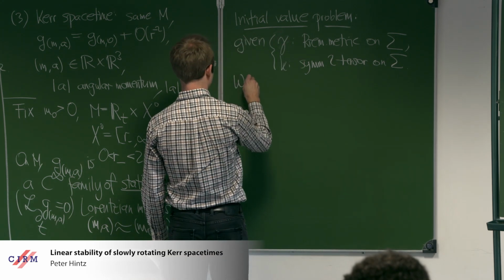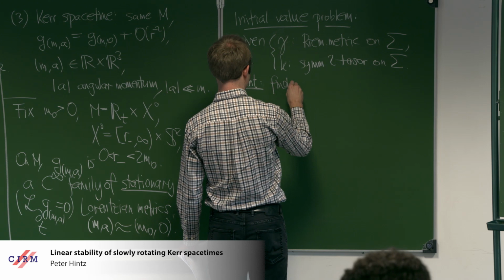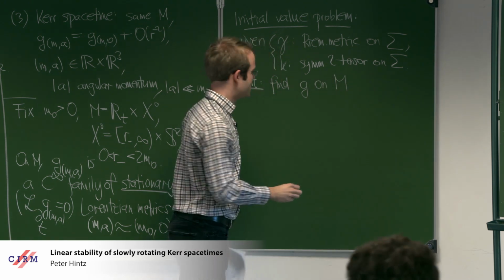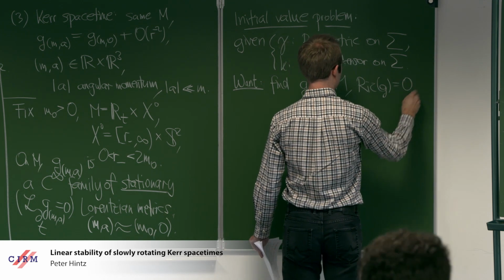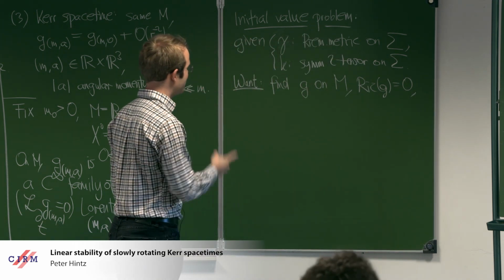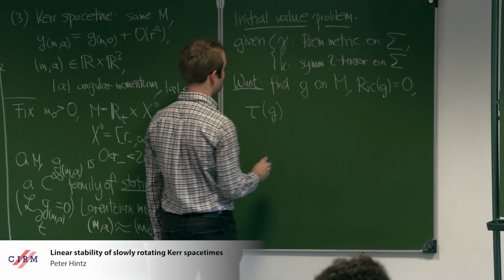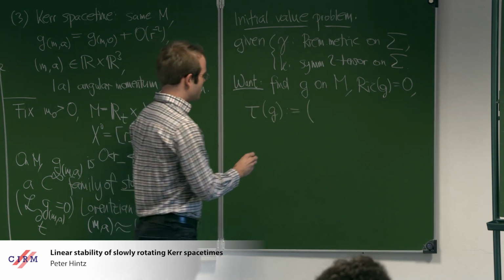And what you want is to find a Ricci flat metric. So find G on the spacetime M, let's say, which is Ricci flat, and attains the initial data in the following sense. We call tau the map that takes a metric to its initial data at sigma. So how are the initial data measured?